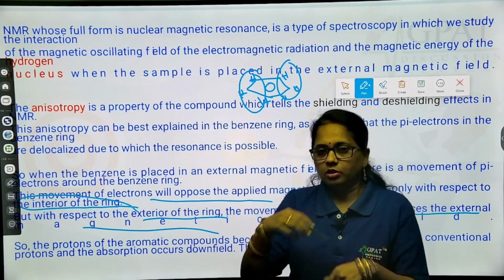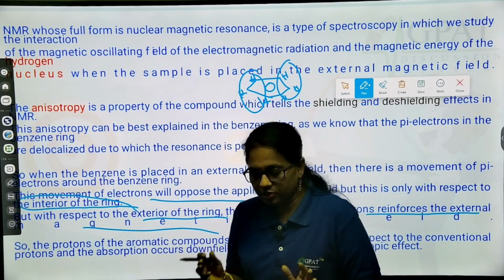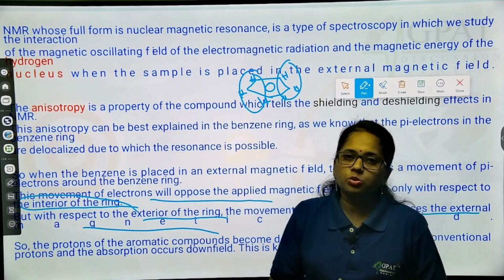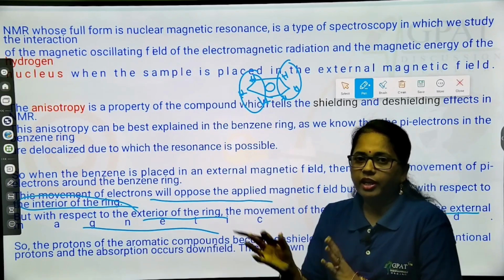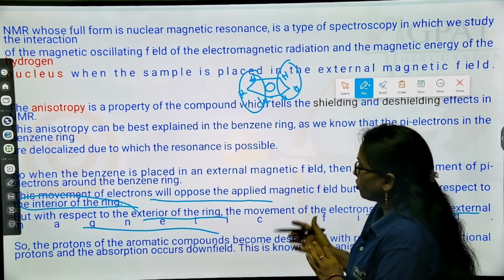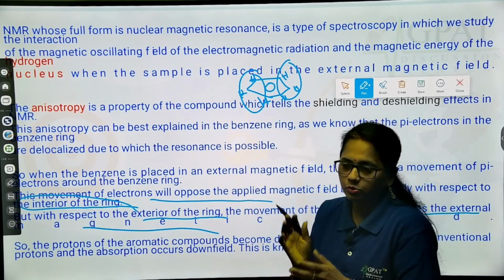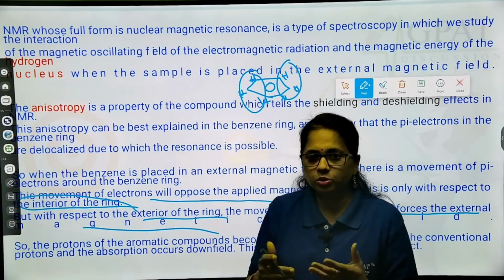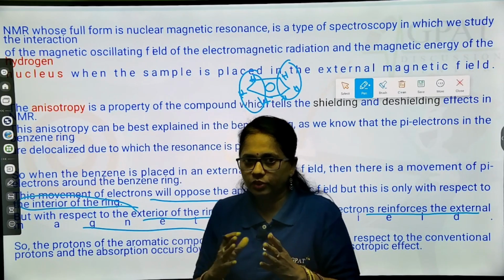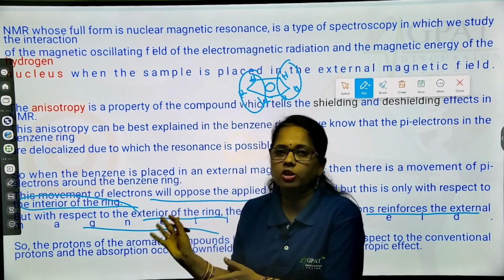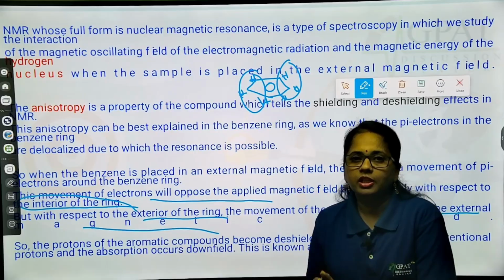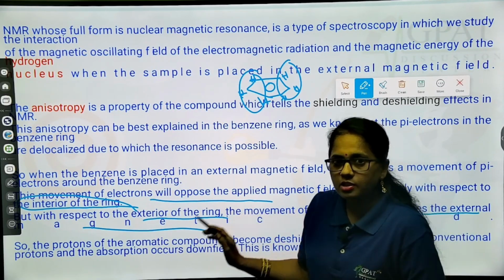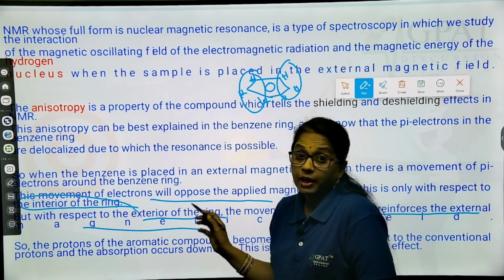So the delocalization of the electrons takes place first, and afterwards the movement of the electrons causes the anisotropy, because of this opposition. If we are given any type of energy from outside, our defense mechanism will try to stop it. In a similar way here, the molecule is trying to stop that magnetic field. All of this happens because of the pi electrons.